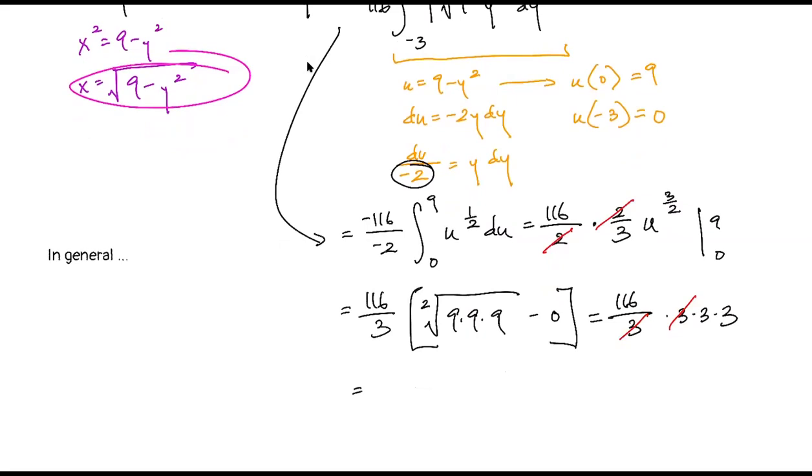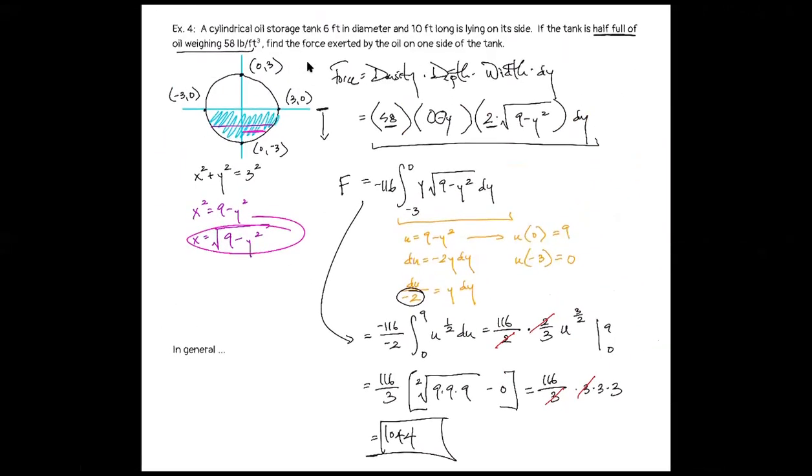And I end up with... if you change your bounds, then you don't need to put the y's back into the equation. So like this sort of bonus step right here, I changed my bounds, means I don't have to put the y's back into the equation. Okay, but you don't have to change the bounds, you can put the y's back in.